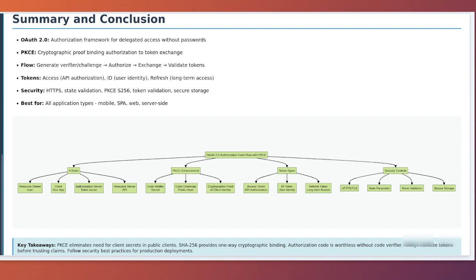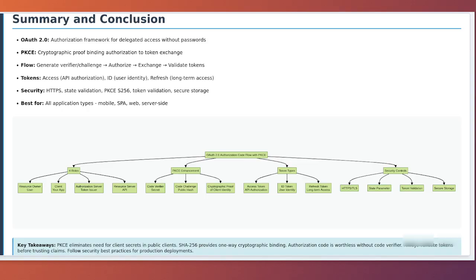Client exchanges authorization code plus code verifier for tokens. Authorization server verifies PKCE and issues access token, ID token, and refresh token. And finally, the client uses access tokens to access protected resources. Each step involves specific HTTP requests with precise parameters that must be correctly formatted and validated.